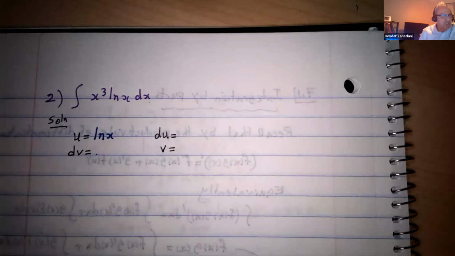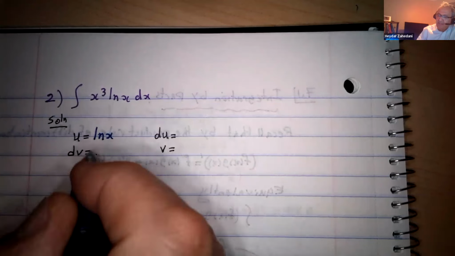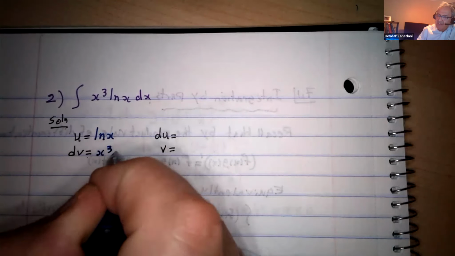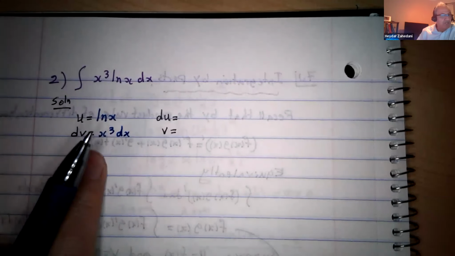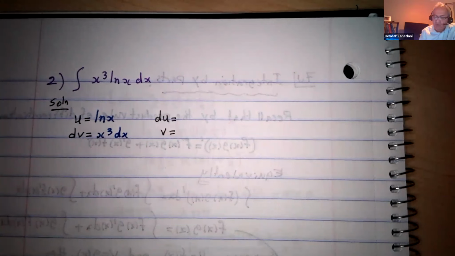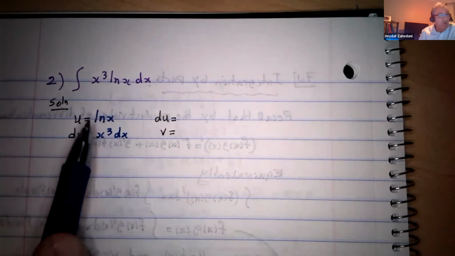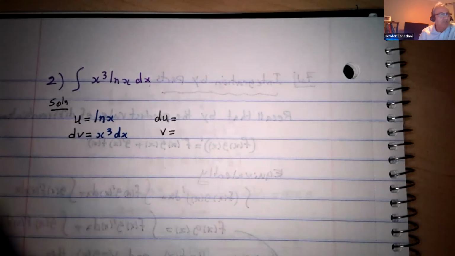You know that you have to use integration by parts. So that's why the best choice is ln x. The leftover would be dv. The leftover is going to be x cubed dx, which is very easy to handle. If you want to find the integral of x cubed, you know that's going to be x to the 4th over 4. So for this group of problems, all the time, ln x is u and the leftover is dv.